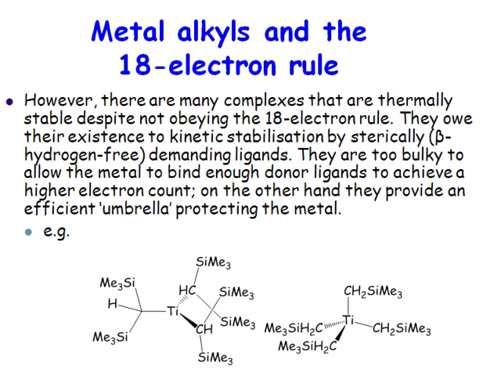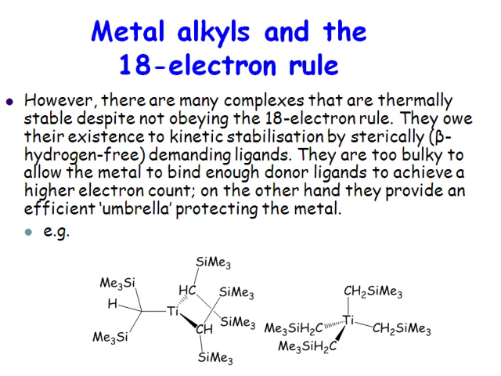The reason it's so stable is because of the size of these alkyl ligands. What you have is a methyl group that has been modified by putting 2 trimethylsilyls on it. These trimethylsilyls are big, and they act just like our bulky phosphine ligands. They act as a sort of steric umbrella protecting the metal centre from any further interactions.